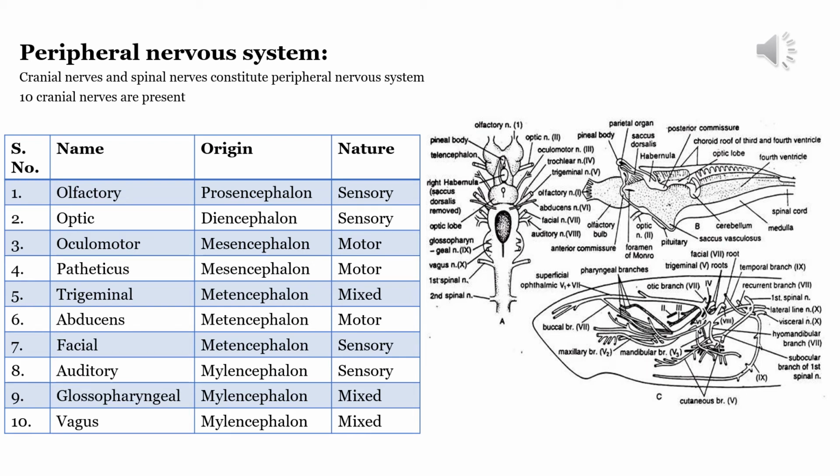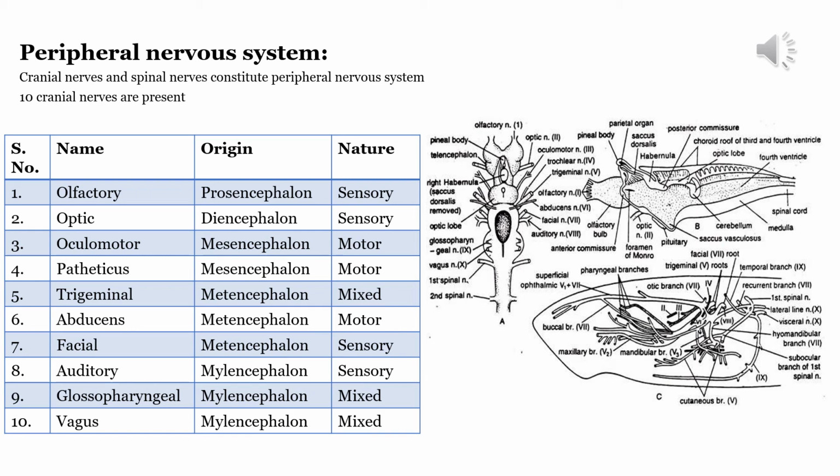The olfactory and optic nerves are both sensory in nature and arise from the forebrain. The oculomotor and patheticus are both motor nerves and arise from the midbrain. Trigeminal, abducens and facial arise from the metencephalon, and the trigeminal is a mixed nerve with three branches.